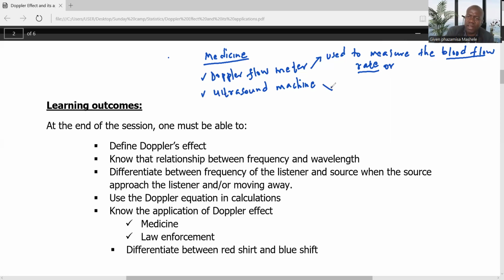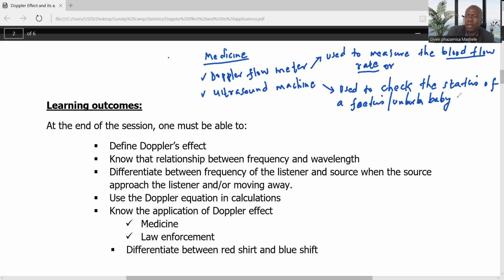And we also have another one, which is called the ultrasound machine. The ultrasound machine is usually used to check the status of a fetus, or unborn baby, in a pregnant woman.